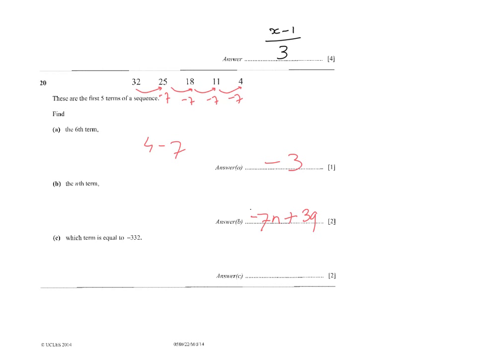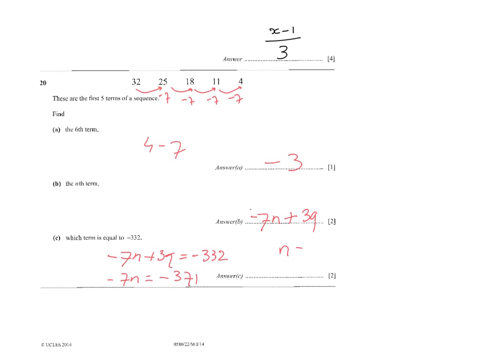You got to equal the nth term rule, so minus 7n plus 39, you equal that to minus 332. And then you solve that equation. So minus 7n equals, I'm a little bit tired now, so I'm going to use my calculator, minus 332 minus 39 equals, and that is minus 371.